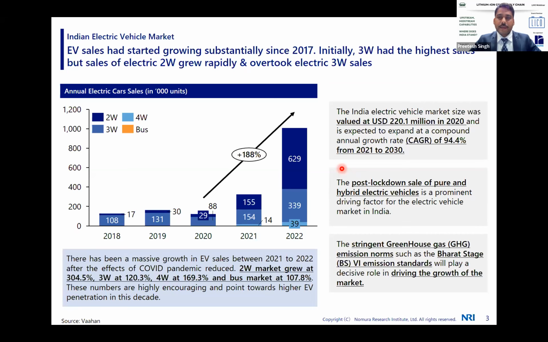So that is a fantastic growth which India has achieved. And with this level of growth, the debate whether EVs are going to happen in a big way in India or not, I think has no place now. So it is obvious that India is moving towards electrification.